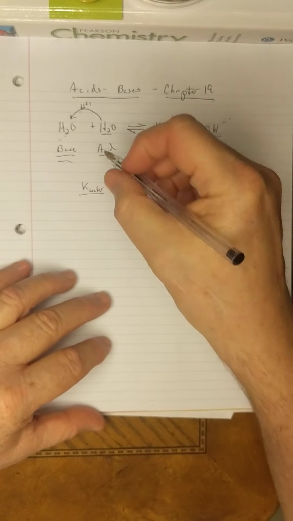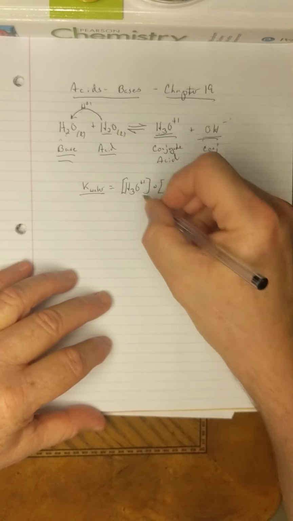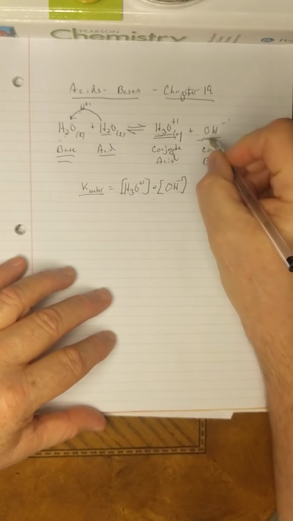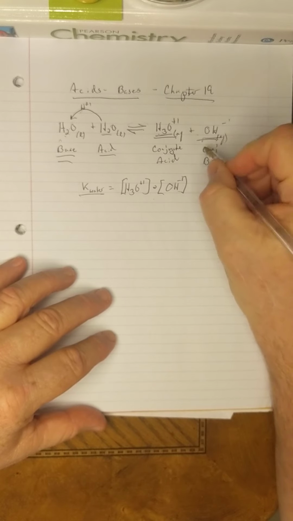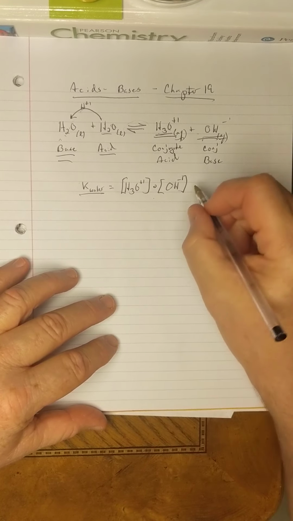These two are liquids. In a K, we don't put liquids in the expression. This is aqueous, this is aqueous. Usually only things that are aqueous and gases. We don't put solids and liquids in it.